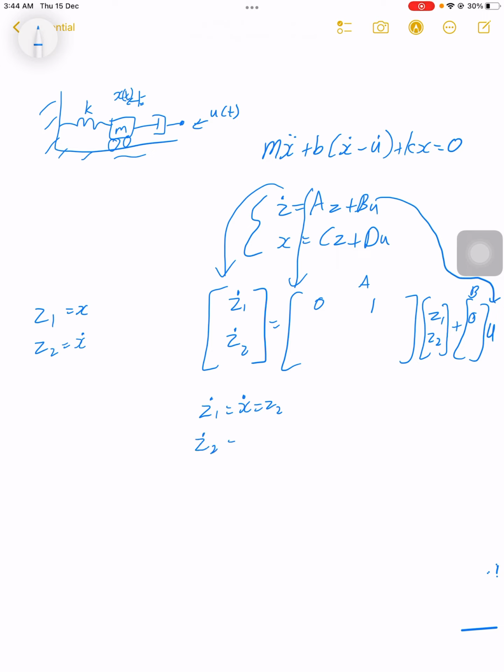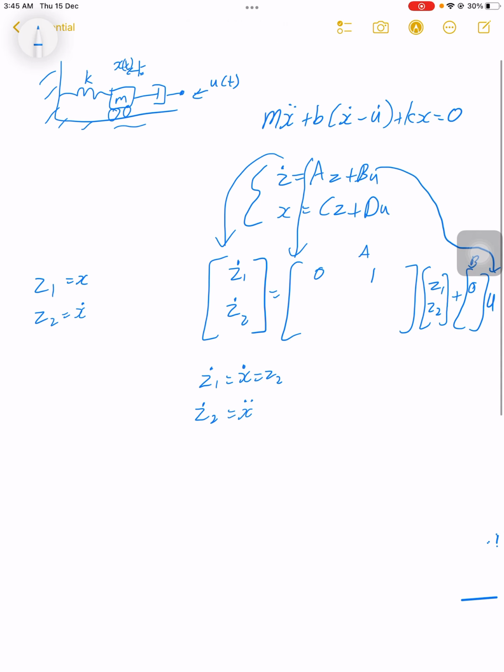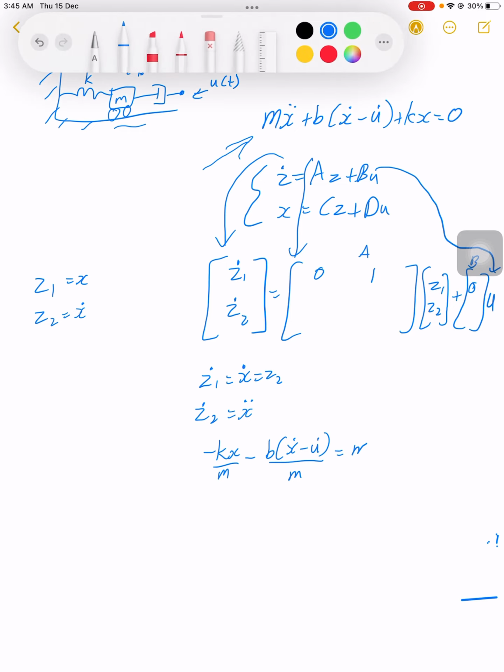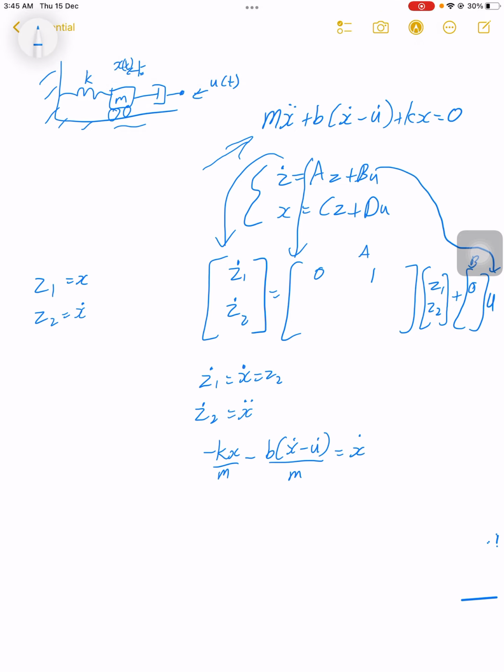Then z2 dot is equal to x double dot, and x double dot is gonna be equal to, so remember you have to do this. So we have negative kx over m, negative b x dot over m, plus b u dot over m, equal to x double dot.